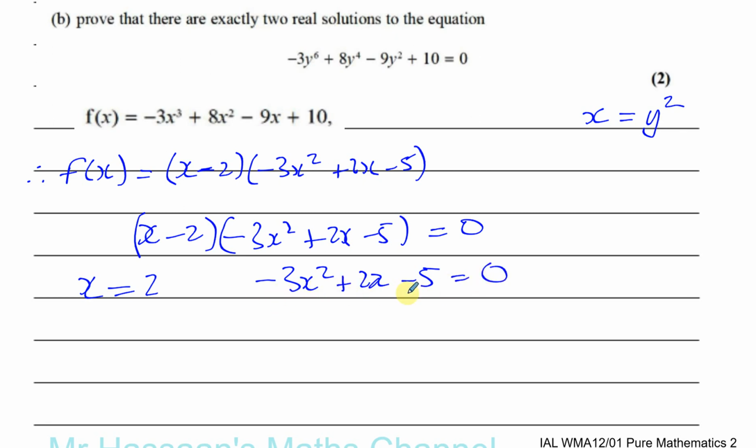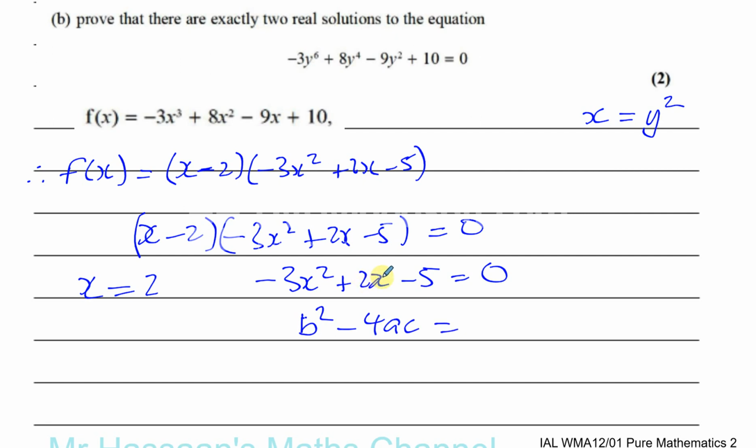Now, does that have a solution? Let's find out. If that has a solution, then b squared minus 4ac will give us a value which is either 0 or positive. If it doesn't have a solution, then b squared minus 4ac will give us a negative value. So let's find out what b squared minus 4ac gives us.